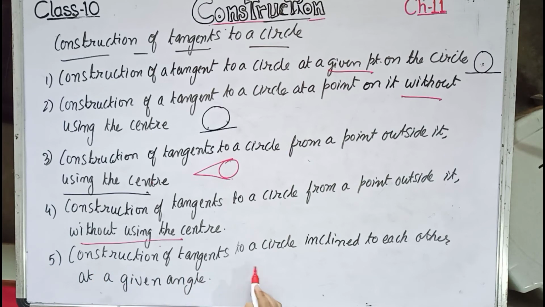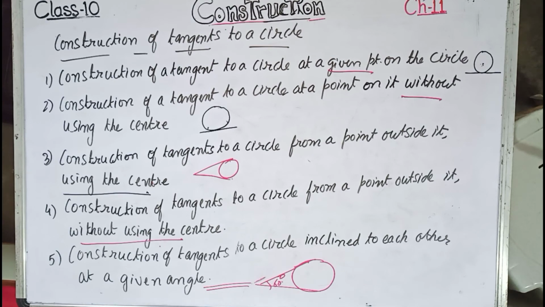And last but not the least, construction of tangents to a circle inclined to each other at a given angle. So this angle will be given, at how much angle this pair of tangents are inclined to each other. Suppose this is 60 degrees, so we have to draw a pair of tangents so that these tangents are inclined to each other at 60 degrees.